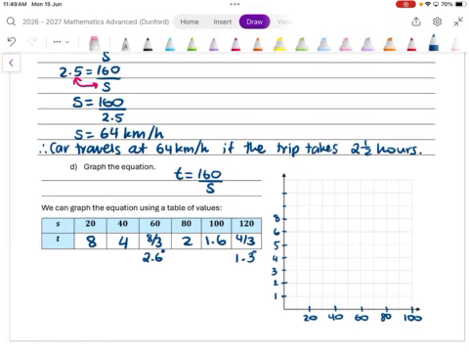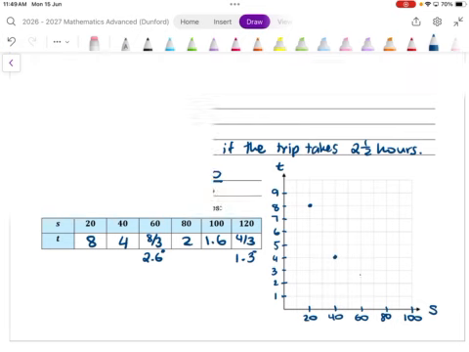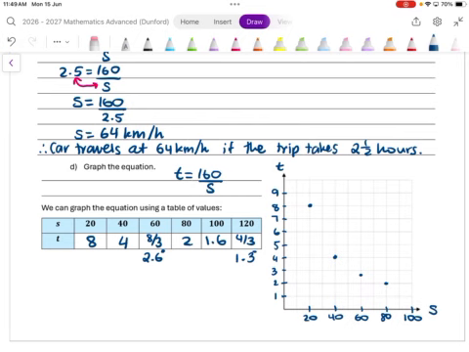Every second box. Now, one thing we must do is label our axes. So our s-axis is our x-axis, and where our y-axis normally is, our t. All right, and then we can just plot our points. So at s equals 20, t equaled 8, 40 was 4, 60 was 2.6, 80 was 2, 100 was 1.6.